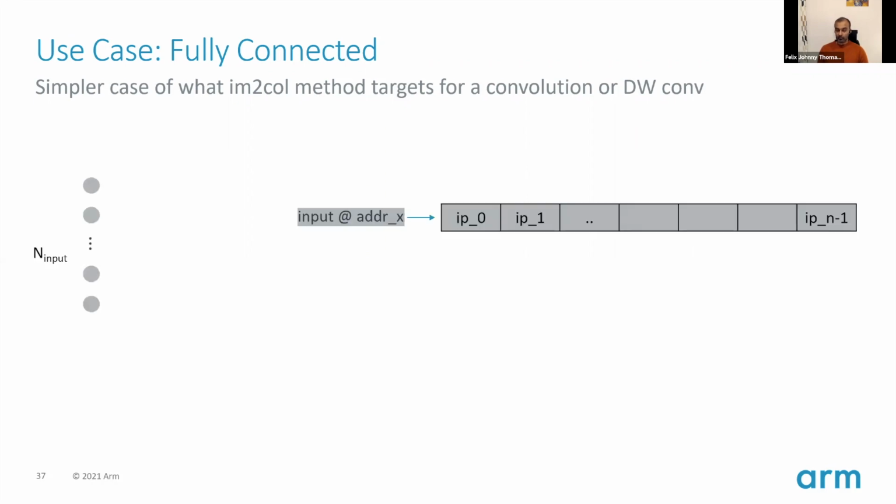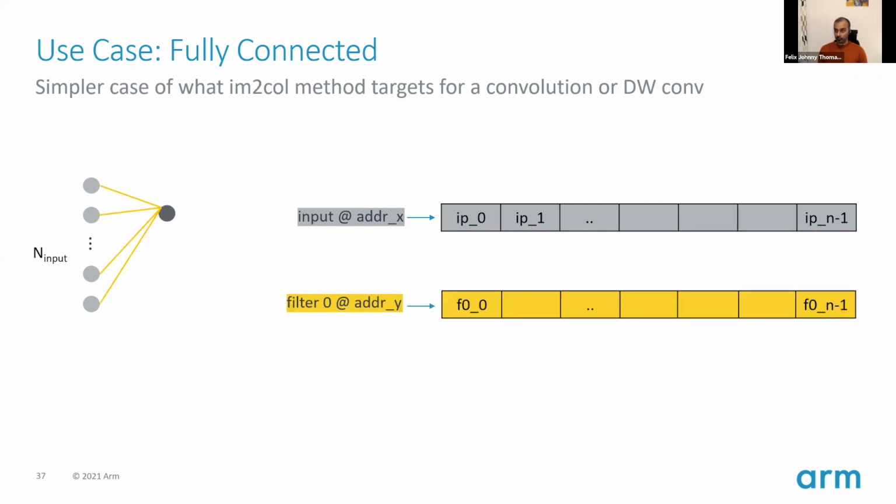We start with the input. In a fully connected operator, you have an array of input, which is n bytes in this case. The data is stored contiguous in memory, which is great. Then to produce one output, you need n filter elements, which are stored contiguous in memory as well.